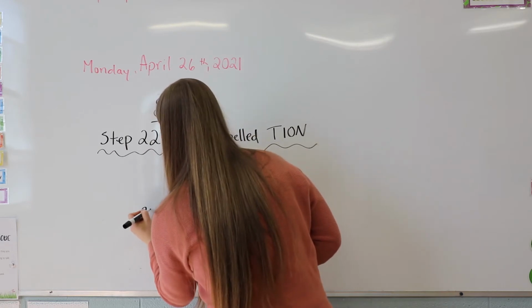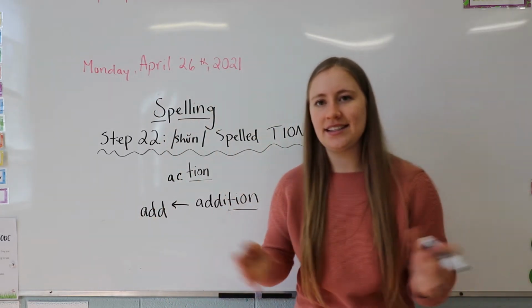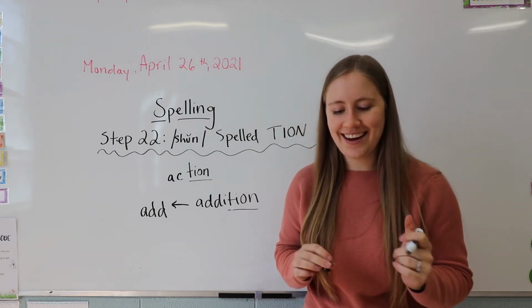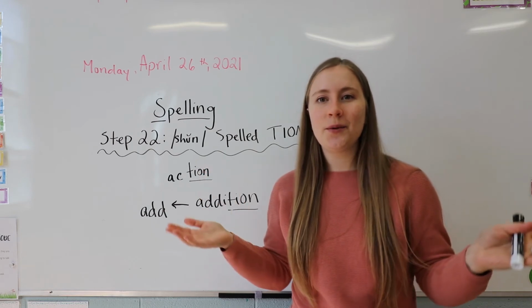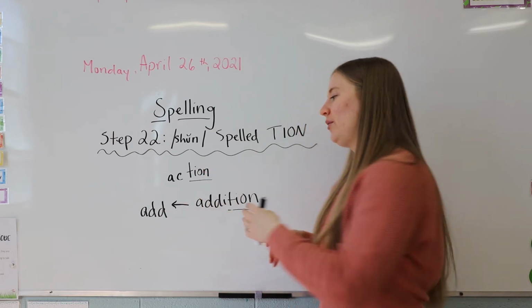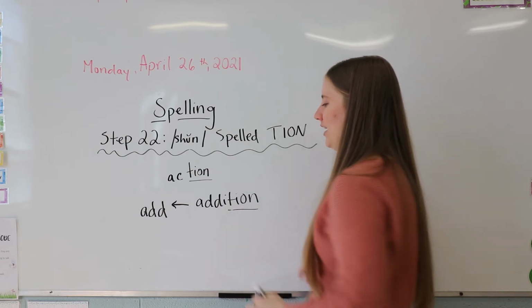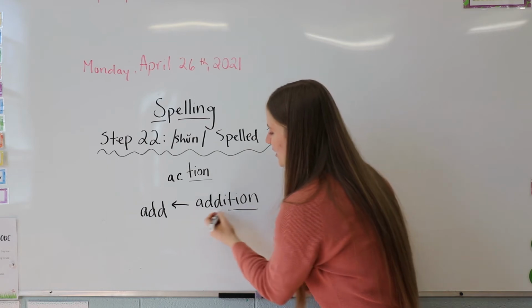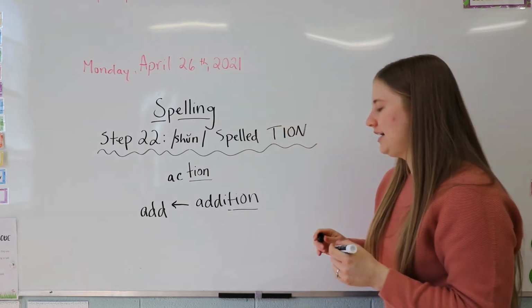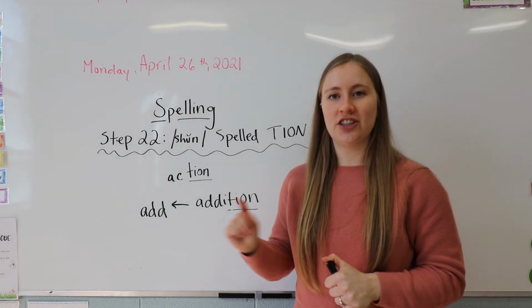Addition, the small word is add, right? We can add, that's the base word, and we can add the ending to it, right? So knowing the base word will help you be able to spell the word with the T-I-O-N. So you see, again, we've got to have a little vowel in there to split it up, our base word and our T-I-O-N, and we can just sound it out to hear that it's addition, okay?